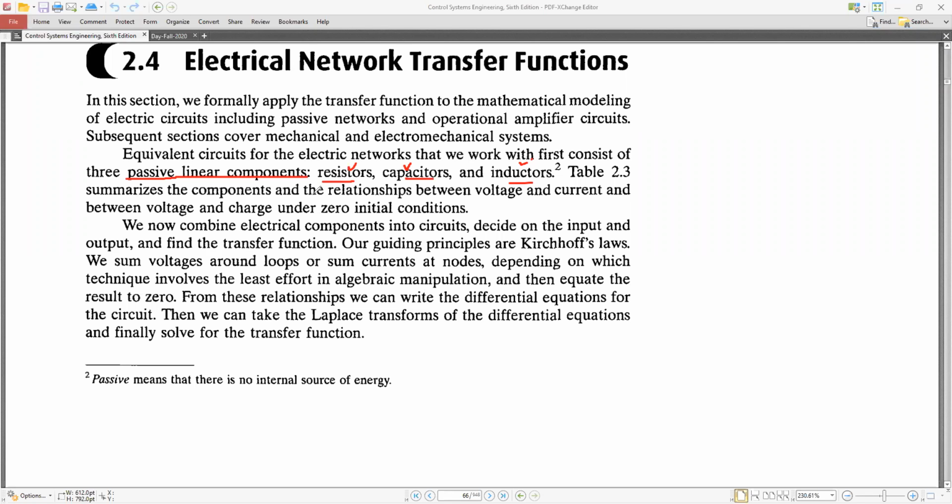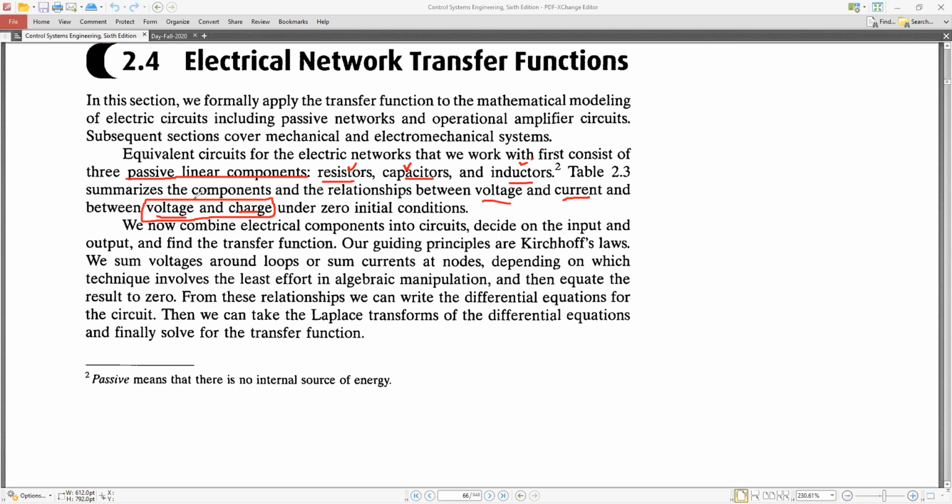We'll summarize the relation between them, according to the voltage and the current, and between voltage and charge. So we have these two things: voltage and current, and voltage and charge.